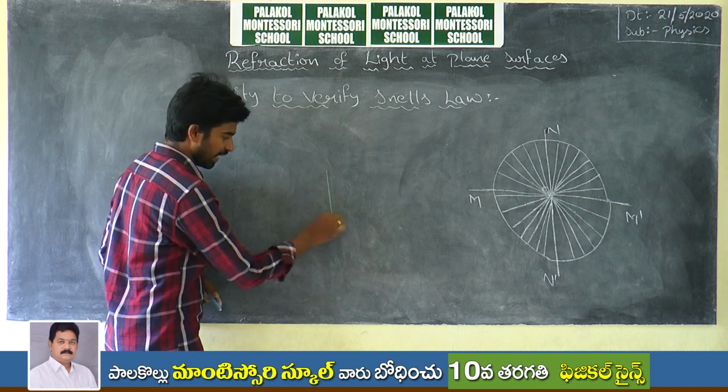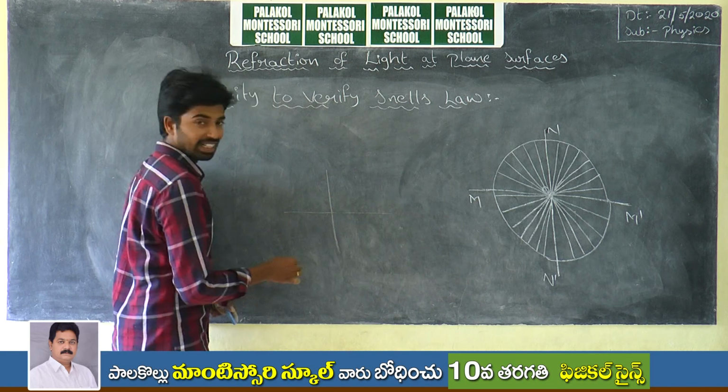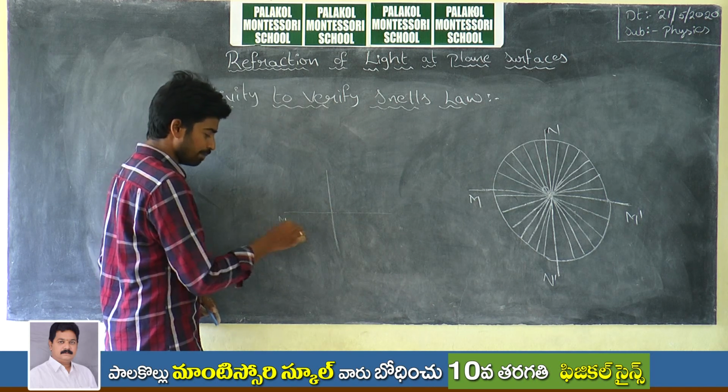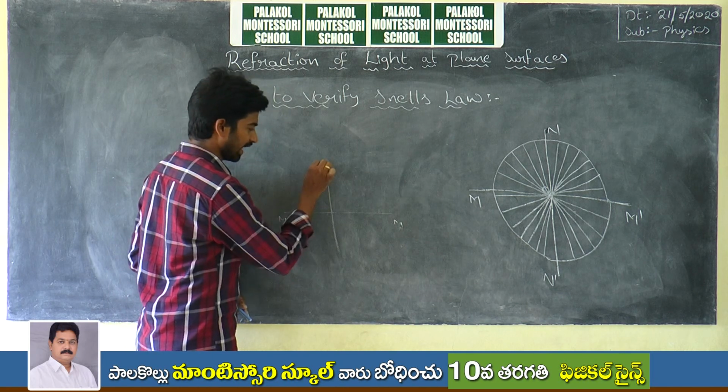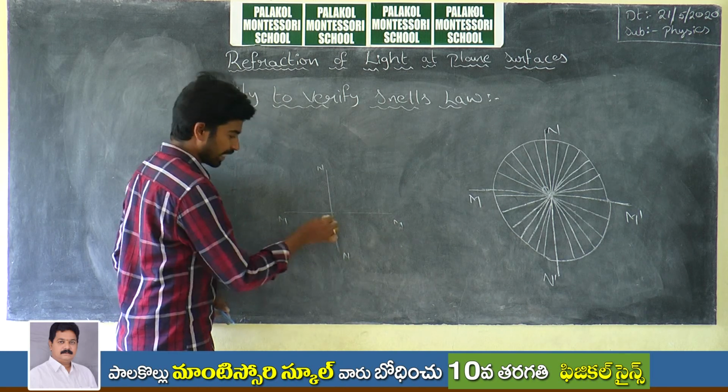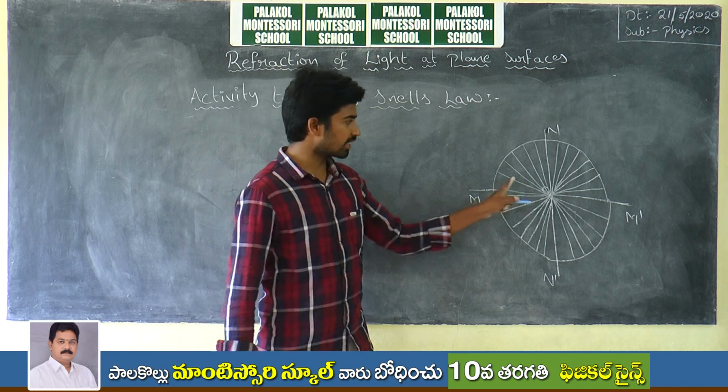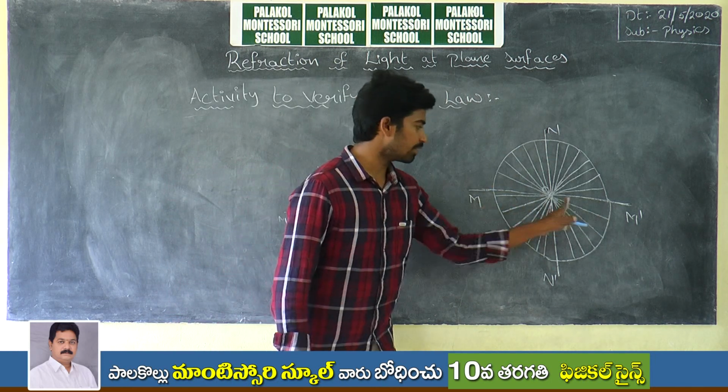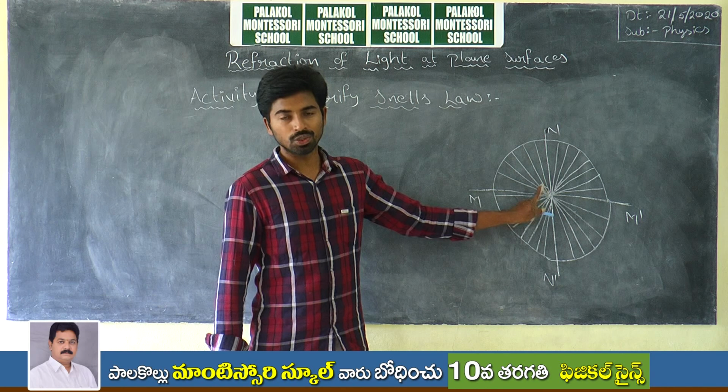Name them M prime and N prime, and denote the intersection point of the two lines as O.